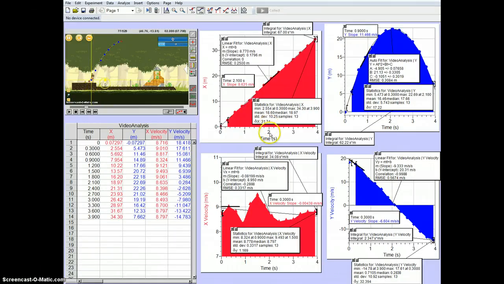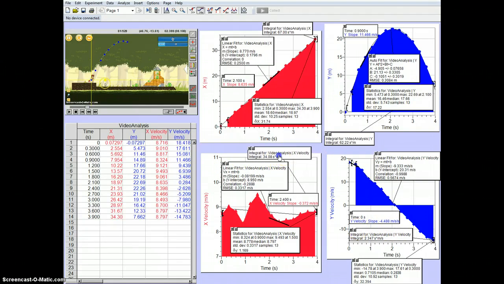Okay, next we're gonna move on to this right here, the integral for x velocity and y velocity. It means the red area under the curve and the blue area under the curve, which means the total displacement of the x direction and the total displacement of the y direction.